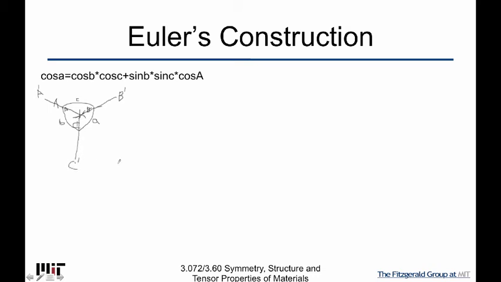So it turns out this is called a polar triangle because we form it from creating the poles on each of the three great circles that form the spherical triangle here. And this polar triangle, the only reason we're doing this is it's got some special properties that allow us to do a math trick. That's it. So there's nothing more significant than that.